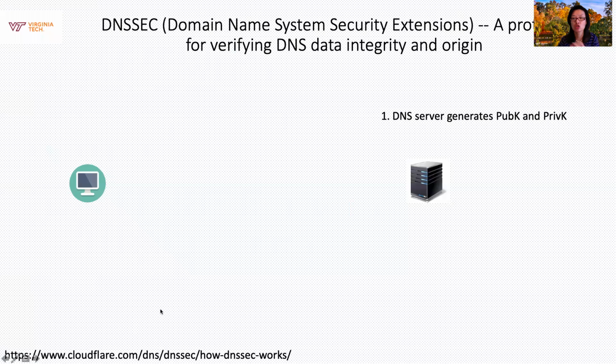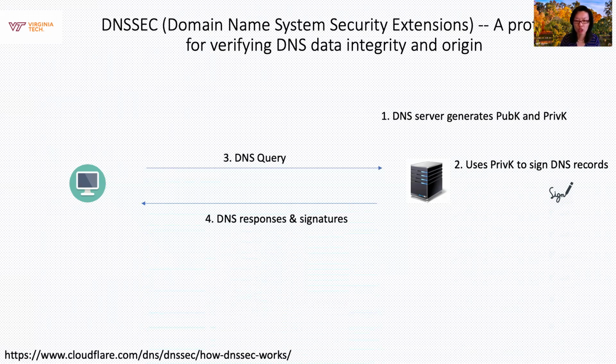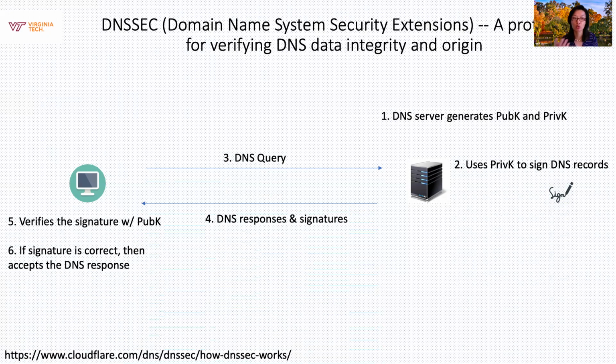But essentially, a name server generates a pair of keys and signs DNS records to say, this translation between IP and domain name should be like this, and I put my stamp of approval on it. It's my digital signature. The translation and the signature both get sent out to the client, which then verifies the signature.